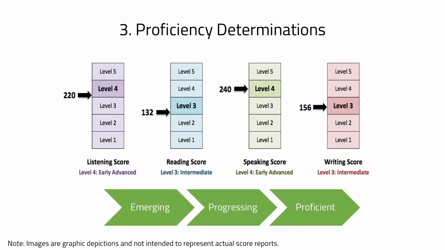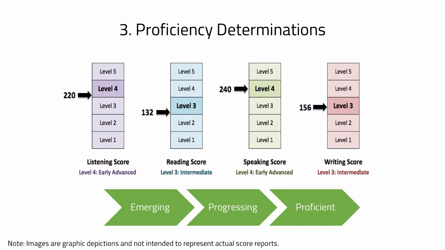ELPA 21 has 3 categories to summarize achievement across the 4 domains and to make an overall proficiency determination. Different combinations of skills and abilities across the domains define the 3 categories, called emerging, progressing, or proficient.